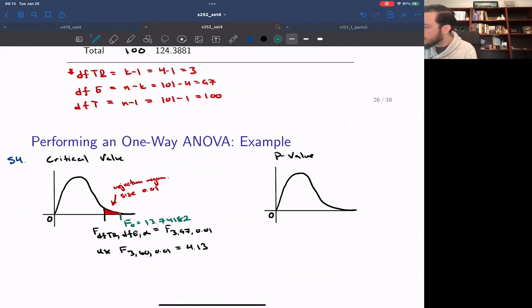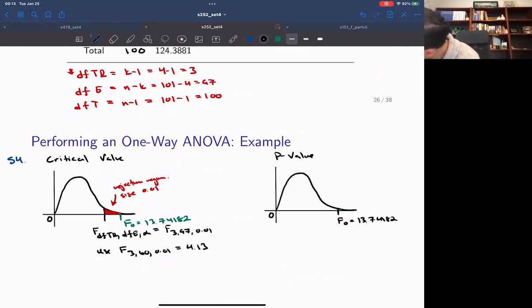Right. Okay, if we take the p-value approach, we're going to mark down where our test statistic is located. Right, so that little green dot there, that's going to be our p-value.